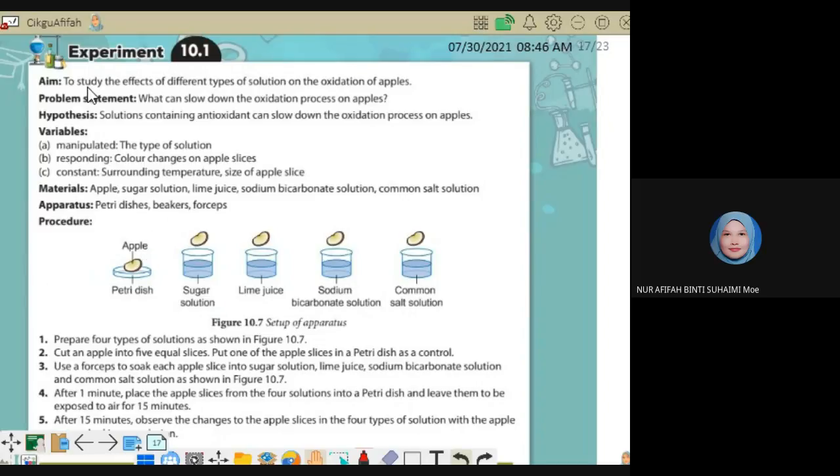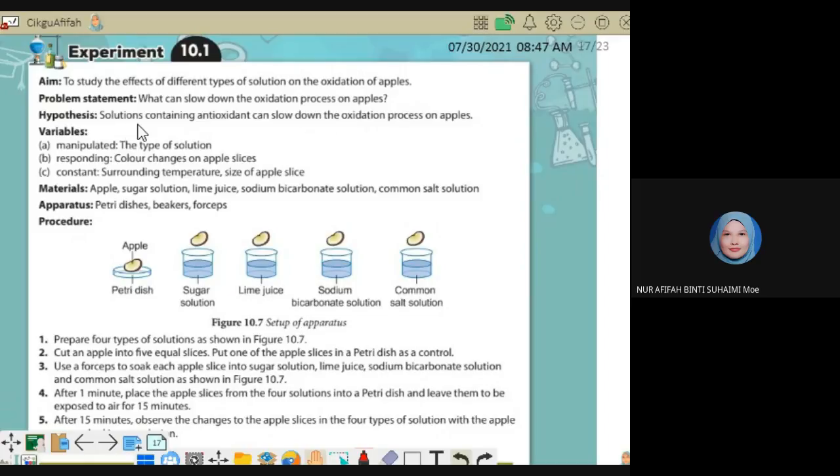Alright. Aim: to study the effect of different types of solution on the oxidation of apple. We want to investigate the effect of different solutions on the oxidation of apples. What happened to the apples when we put them in different types of solution? Okay. Problem statement: what can slow down the oxidation process on apple? Okay.